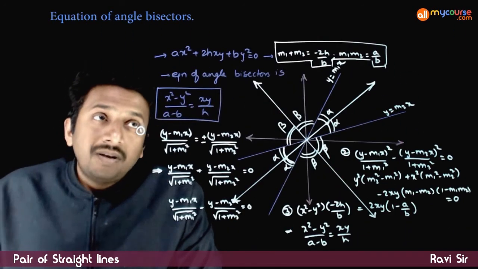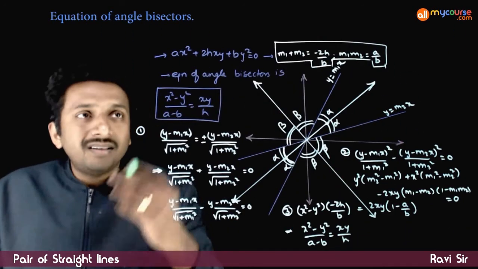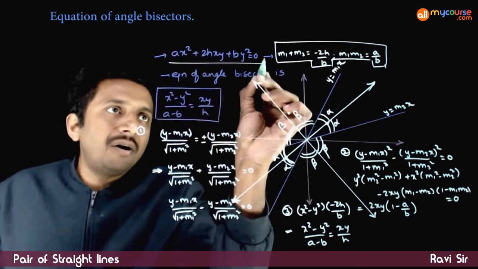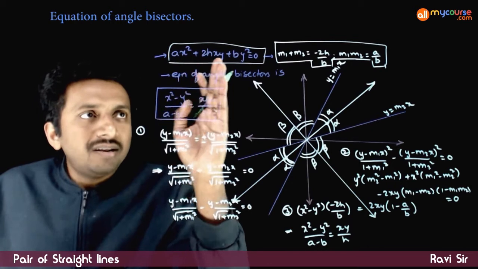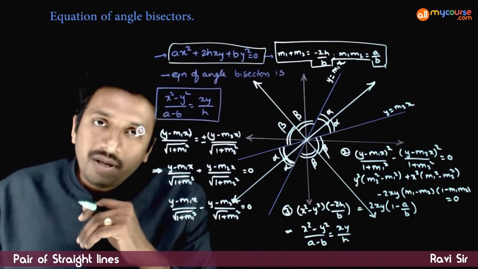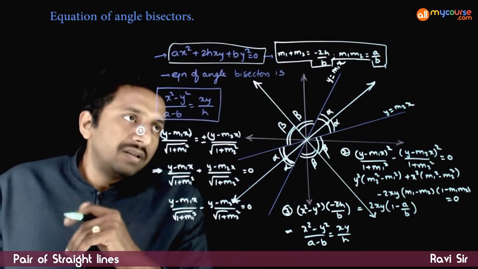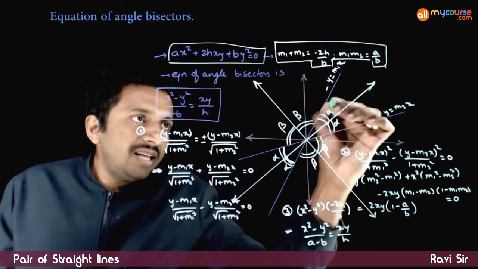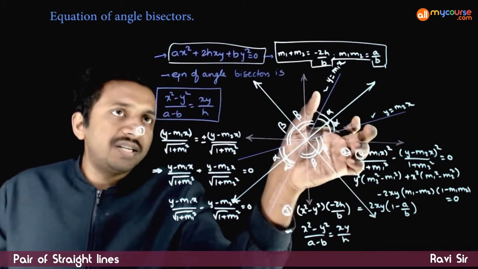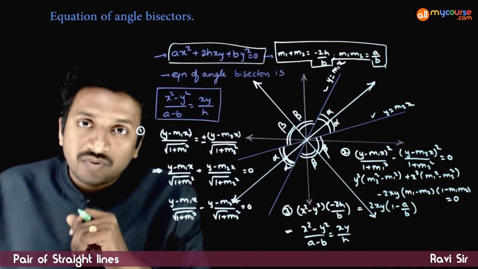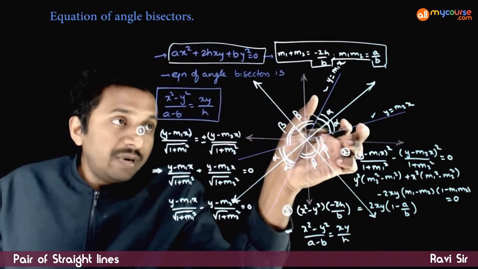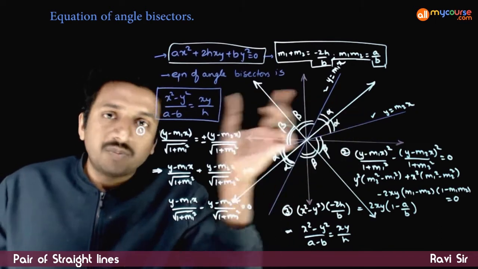In this video, let us look at how to find the angle bisectors of the lines represented by ax square plus 2hxy plus by square is equal to 0. So let us say that these two lines represent the pair of lines ax square plus 2hxy plus by square. There will be two angle bisectors corresponding to this pair of lines.